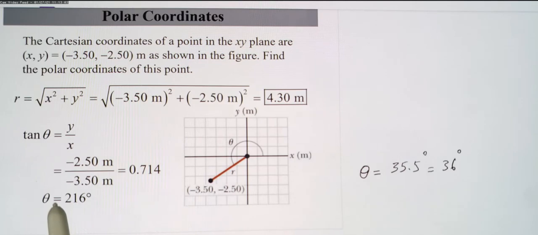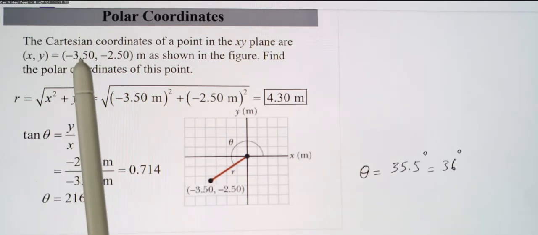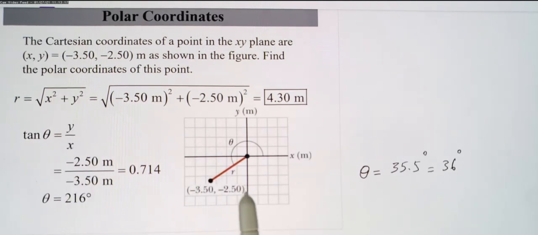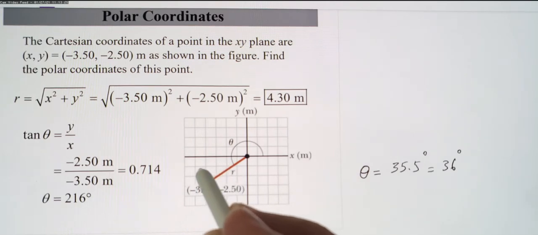So this answer is 180 plus 36. And how did I know? Well, because I know the coordinates in my system. The x-axis is negative and the y-axis is negative. So that means I must have my theta in this quarter.